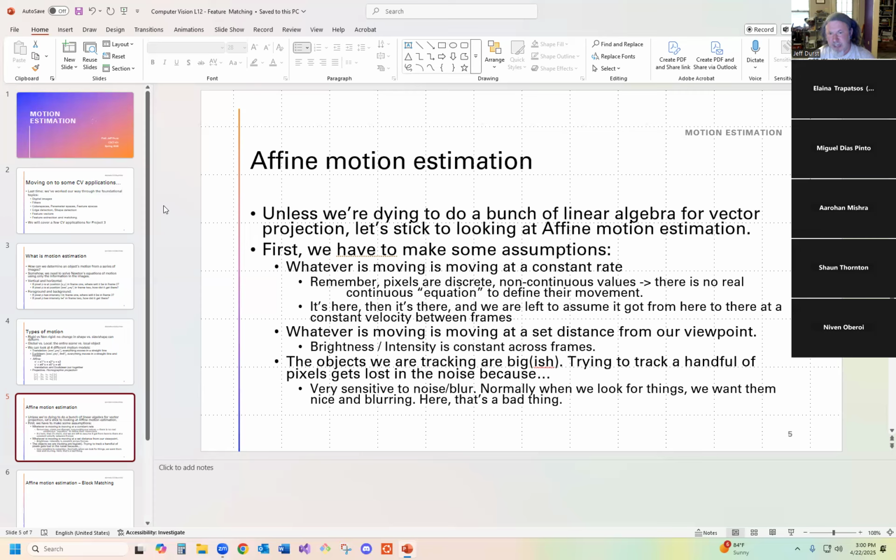Where it is in frame 10 is based off of where it was in frame 9, and that was based on frame 8, and so on. So we're not solving a continuous motion over time and space. We are simply asking, how did this pixel move? And when it moved, we assume it did it at a constant rate. And as long as we're not working with images that are sampled at once a second or once every 5 seconds, we're okay doing that.